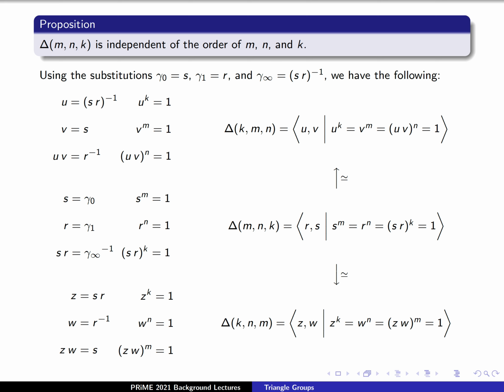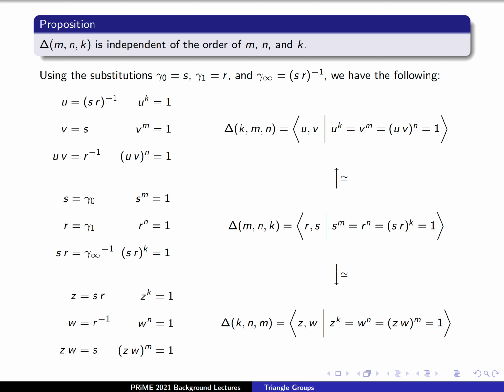But now, since our group is generated by u and v satisfying this relation, we see that actually this is the triangle group delta k m n. This means that delta m n k is actually equal to delta k m n. Now we've cyclically permuted m, n, and k to see that these 2 triangle groups must be equal to each other.